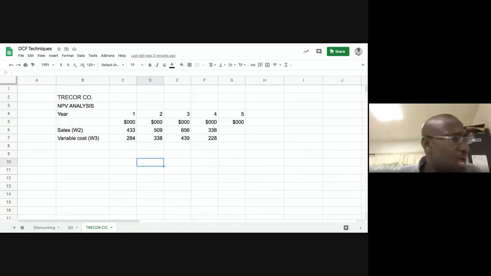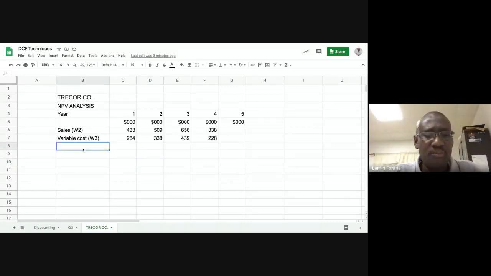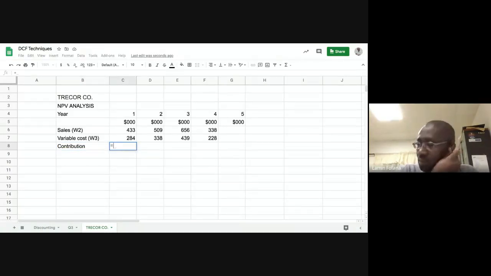Okay, so now we've got our sales, we've got our variable cost. What should we calculate? Our contribution, isn't it? Okay, we should calculate our contribution.